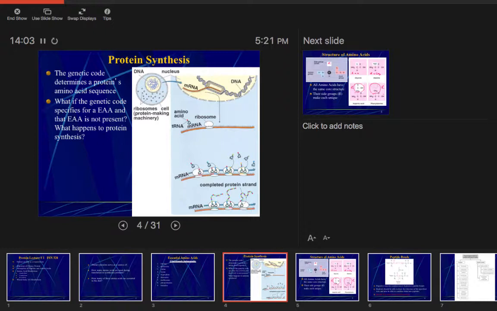Skeletal muscle. So if the person is in a catabolic phase, then some amino acids are going to be generated from proteins that are being degraded, and some of them can be incorporated into proteins. The other source, the diet.